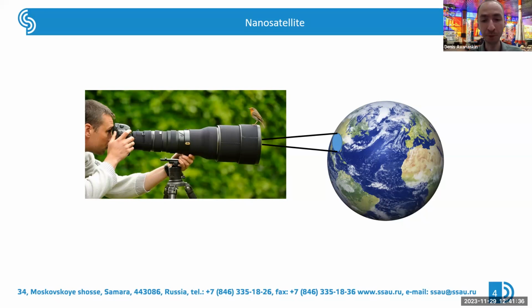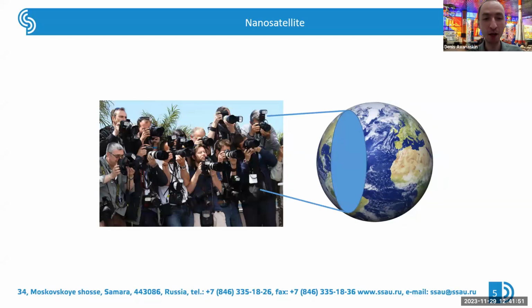So pictures will have a very good quality. We can even read a paper of a person in a park, for example, from the orbit. But we can take smaller cameras, and we can launch a lot of small satellites, for example, nanosatellites, and we can have pictures of a larger area of our Earth.